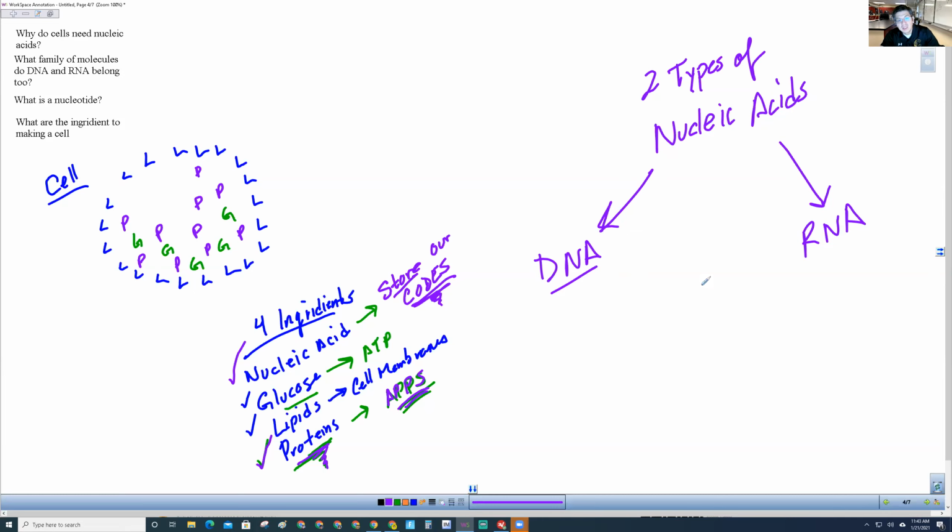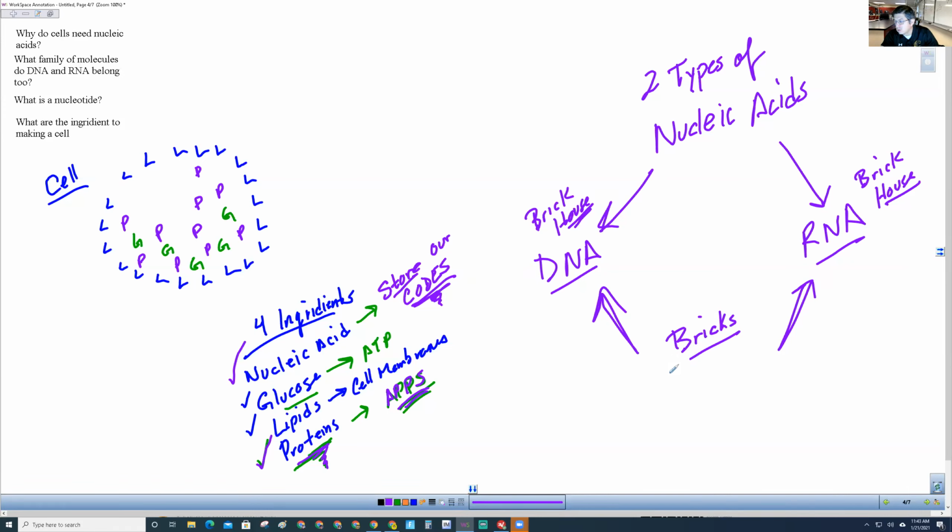Now, if we think of DNA and RNA like a brick house, all right? So think of this like a brick house and think of this like a brick house. So what do you need to build a brick house? Bricks, right?